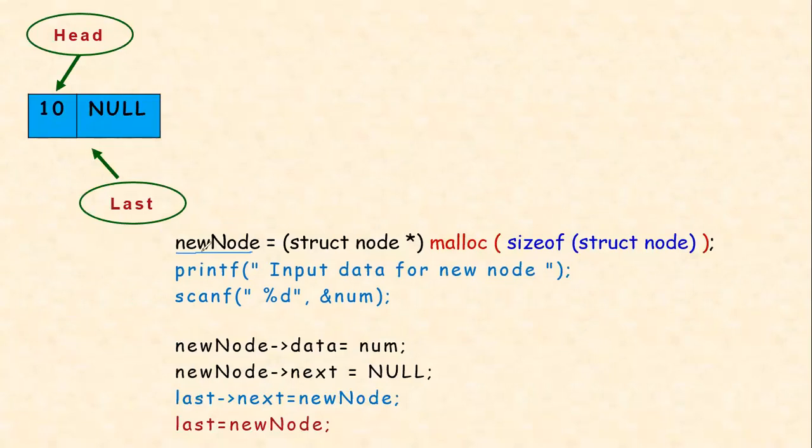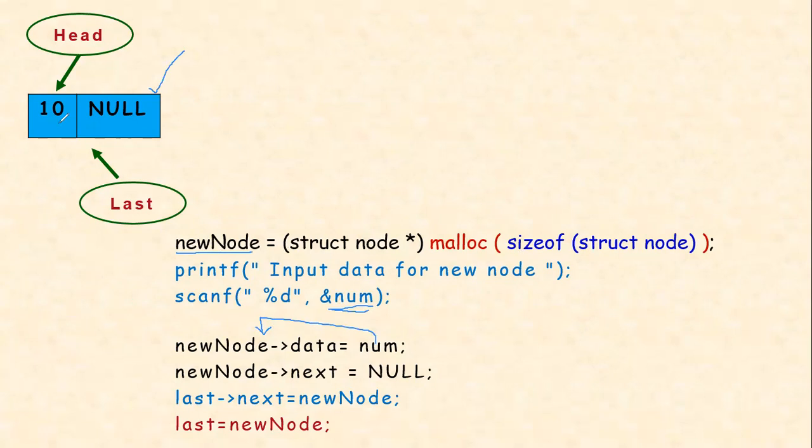So I took a new pointer and allocated memory for that, so that a new node is created. This is the new node created. I took a data value using a scanf statement into a variable num, and that value is transferred to the new node's data.